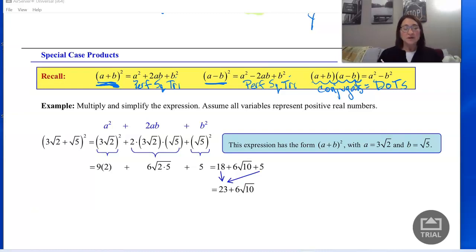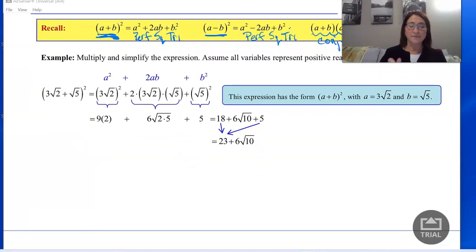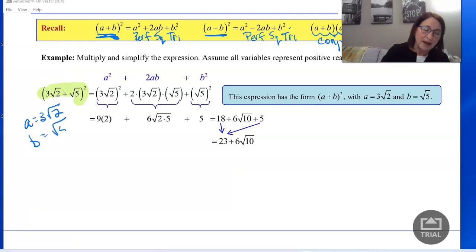Okay, so if we have an example here where it's a binomial squared, our a is 3 root 2. Our b is root 5. And I just mean the a and the b in terms of how we plug things into the variables here.